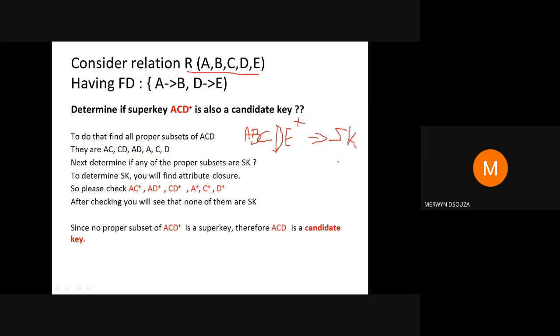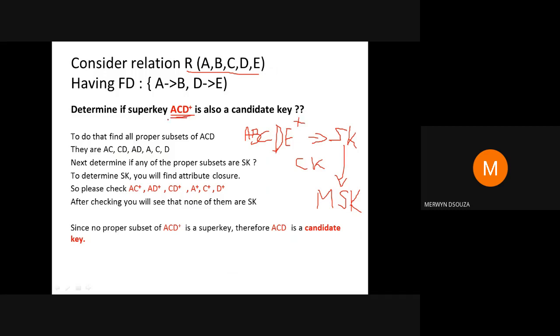To find out whether it's a candidate key, we needed to reduce this super key to a minimal super key. We did that by discarding attributes, and the minimal super key turned out to be ACD.